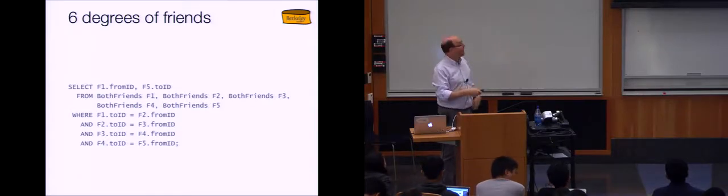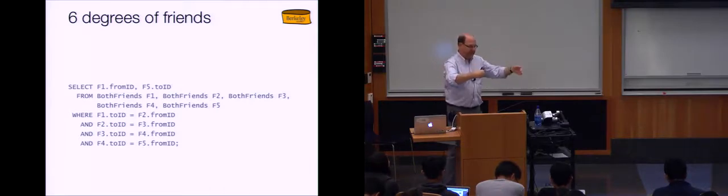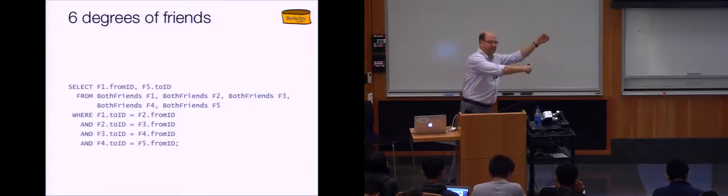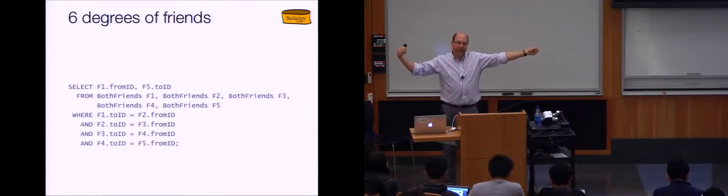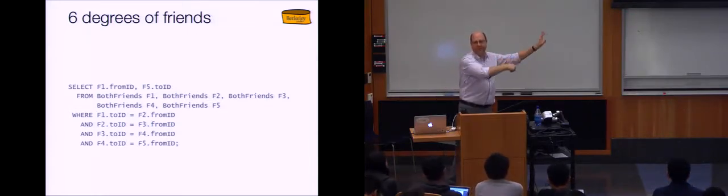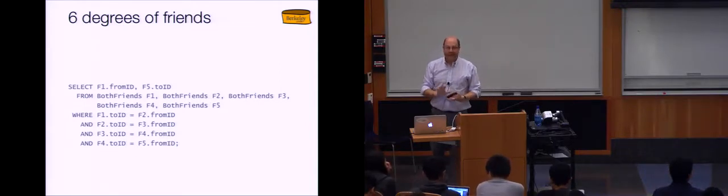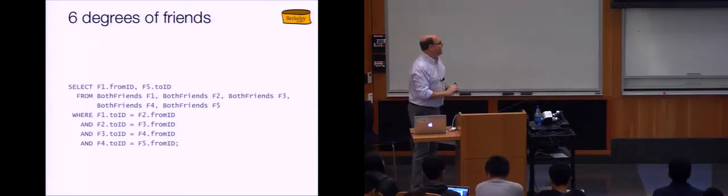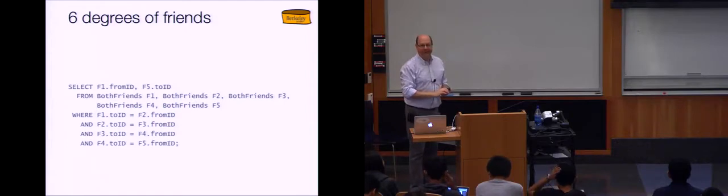So you self-join it 5 times, and then you just make sure that this from is connected to this to, which is connected to this from, which is connected to this to, and so on. Okay, and you can build out strings of 6-degree hops using that query. Okay, and I believe this is relevant to your homework. So take a look at that.